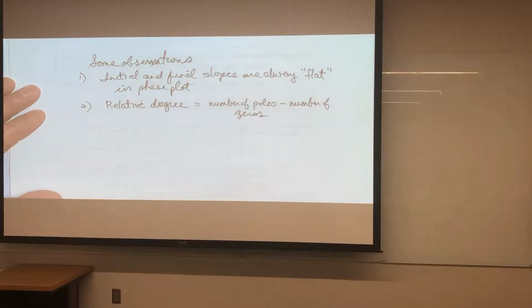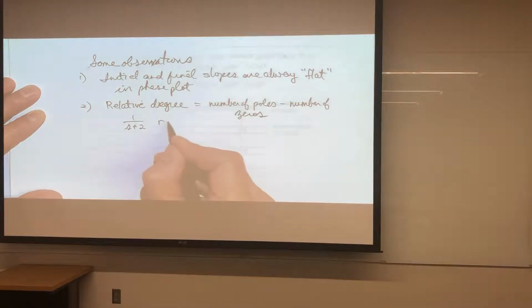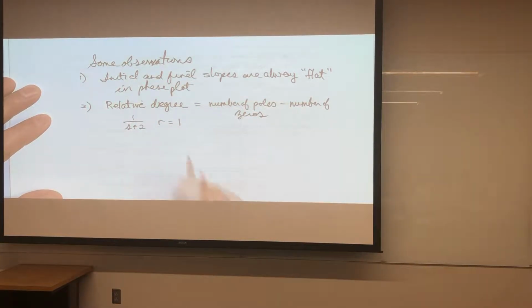Okay. So for example, 1 over s plus 2 has a relative degree. Let me call this relative degree r. r is equal to 1. For s plus 3 over s plus 2, r is equal to 0.